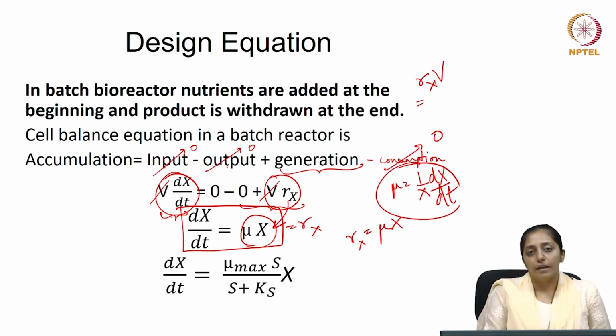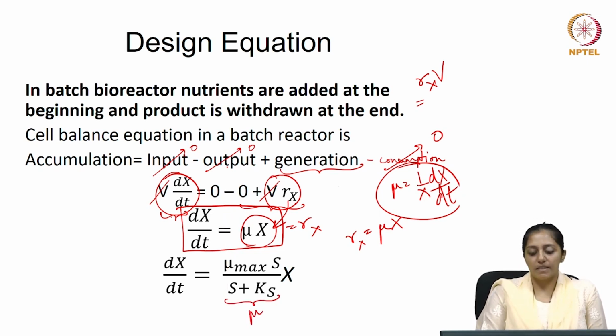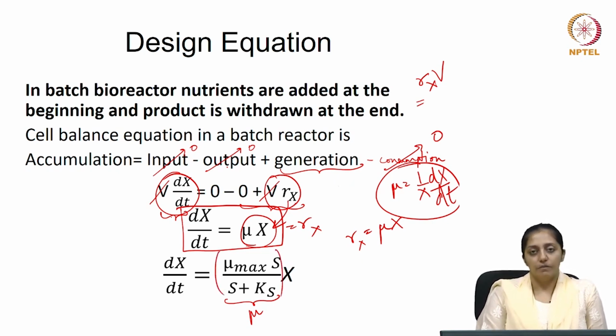So, now if we assume that the culture is following Monod's kinetics or Monod's law, Monod's model for growth, then we can substitute mu as mu max times S upon S plus Ks. You remember this model which we saw few slides earlier? This is Monod's model.